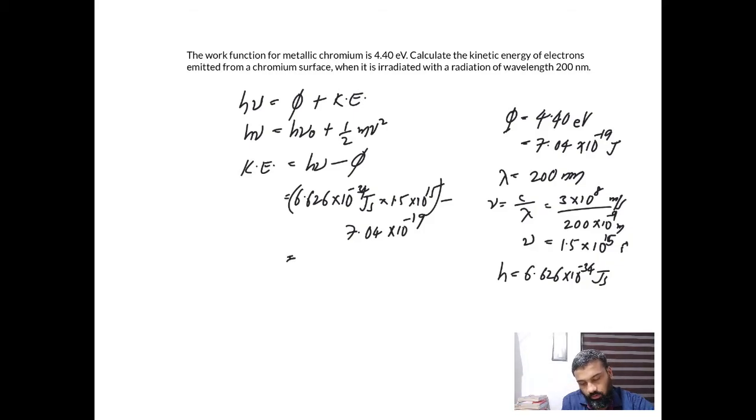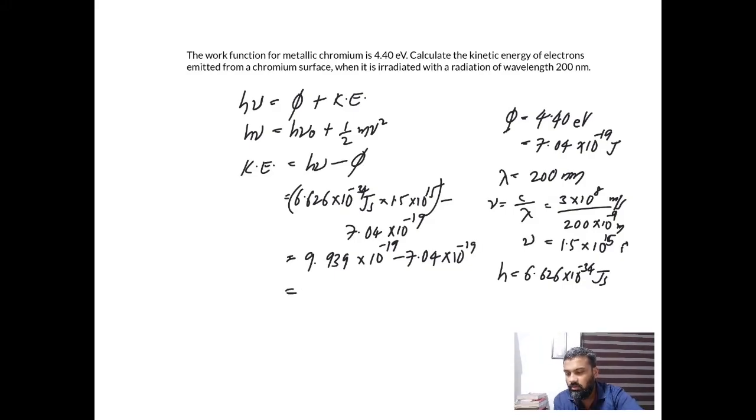Okay, then we need to multiply 6.626 into 1.5 equal to 9.939 into 10 raised to 34 minus 15, so 10 raised to minus 19, minus 7.04 into 10 raised to minus 19.